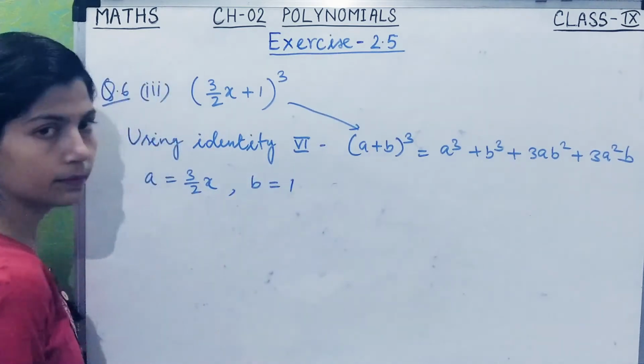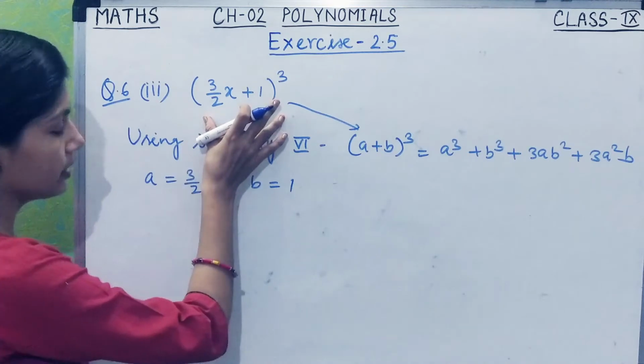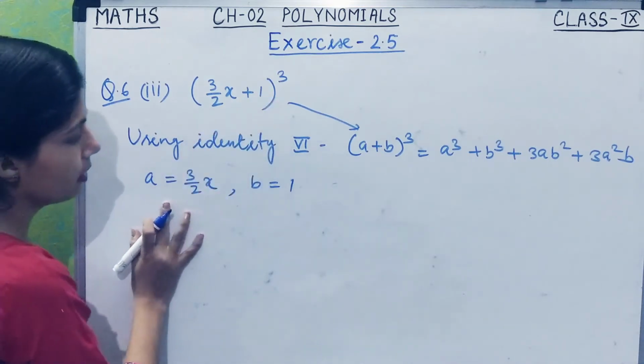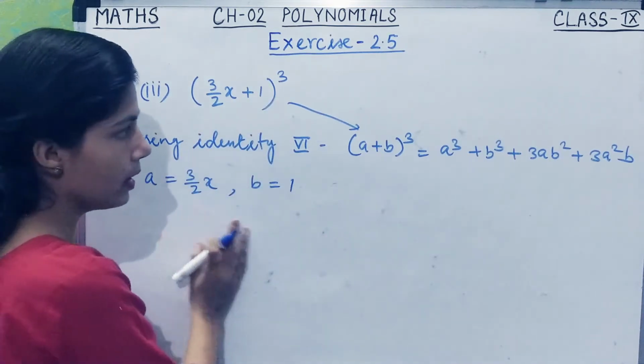as 1. So we have to find its expanded form, so that is why we have to use these values.